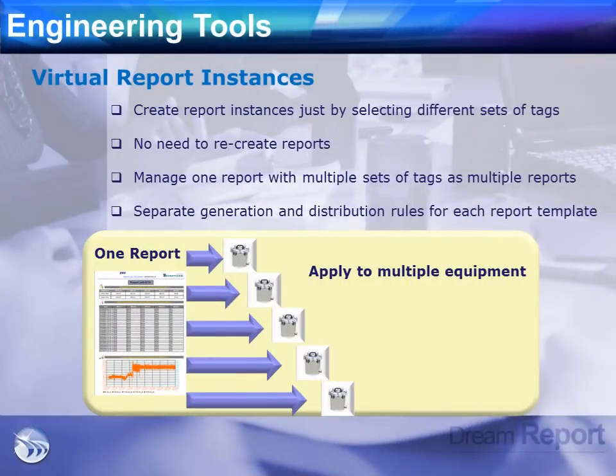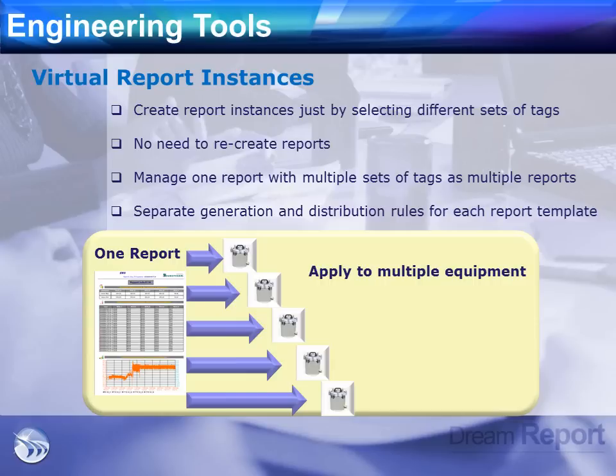One of the examples of integrated engineering tools is virtual report instances. Imagine a common situation. There are a number of equal units, for example rooms or sterilizers or motors, etc., and you need identical reports for each such reporting unit. Instead of redeveloping the report again and again for every unit, you can develop the report just once and then just select groups of tags for every unit.